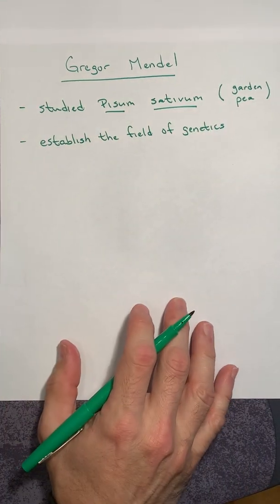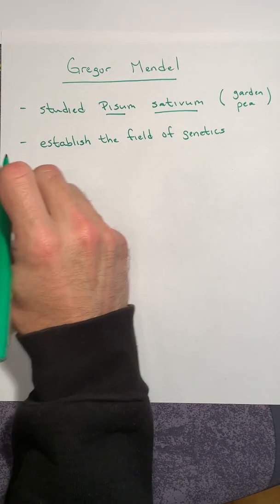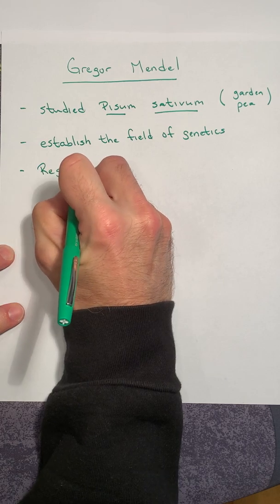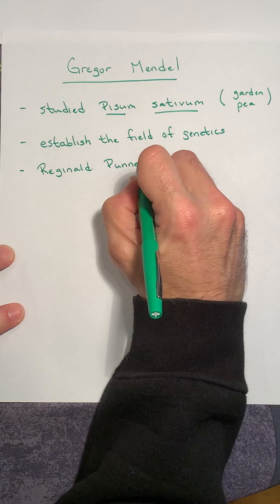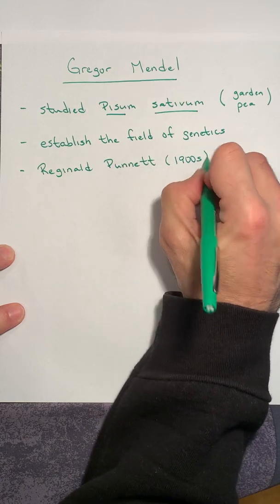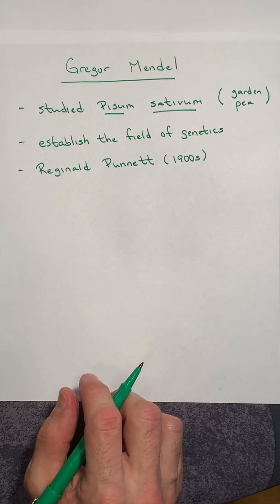Now, unfortunately, he didn't know that. He passes away in the 1880s, and his work sits for about 20 years until a British gentleman named Reginald Punnett, in the early 1900s, rediscovers Mendel's work, pulls it off the shelf.